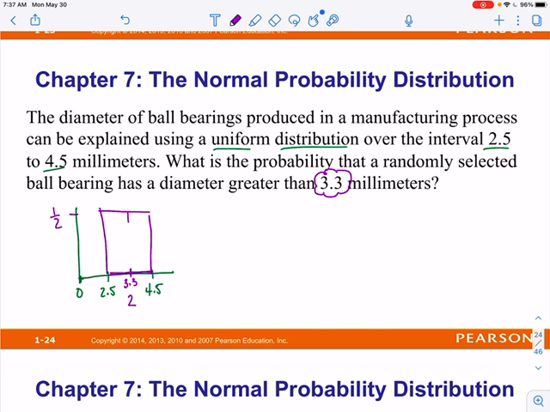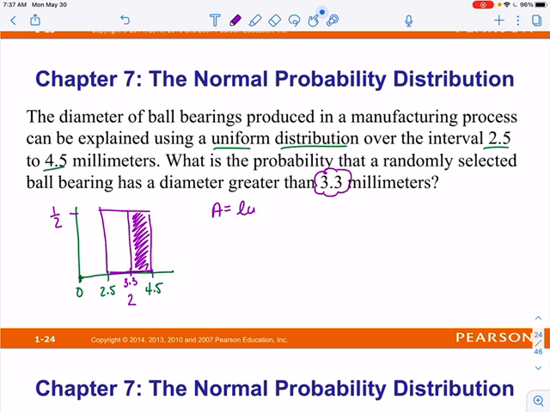Probability and area all mean the same thing. If I can find the area of that purple shaded rectangle, then that is going to be my probability. To find the length, I'm going to do 4.5 minus 3.3, which is 1.2.